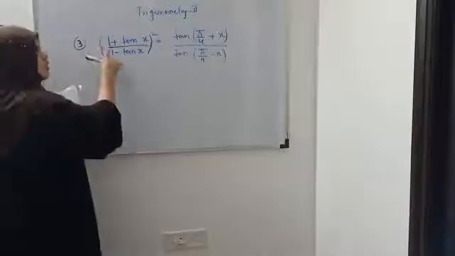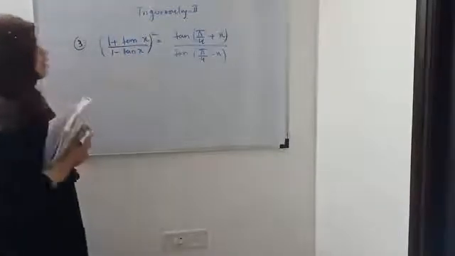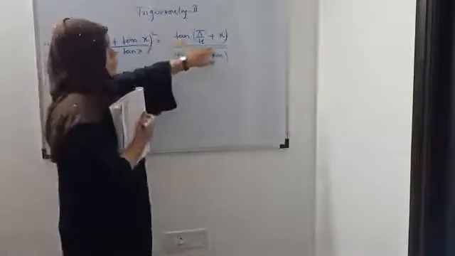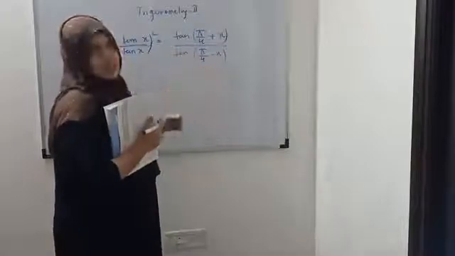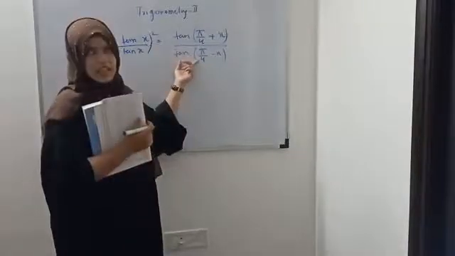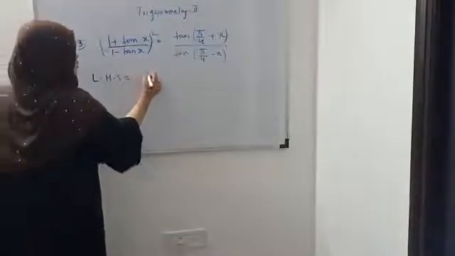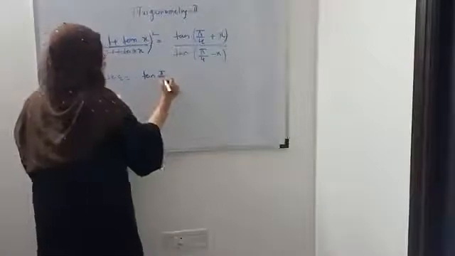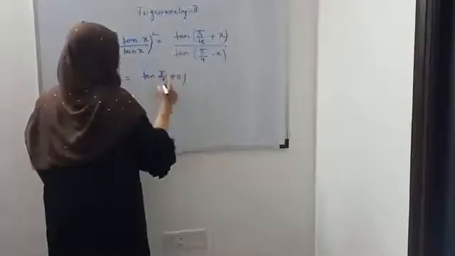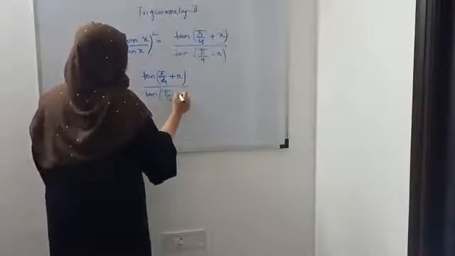So the problem was ((1 + tan x) / (1 - tan x))² is equal to tan(π/4 + x) / tan(π/4 - x). So here we will start with LHS. The LHS is equal to tan(π/4 + x) divided by tan(π/4 - x).